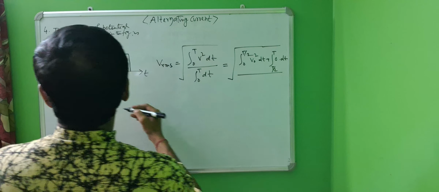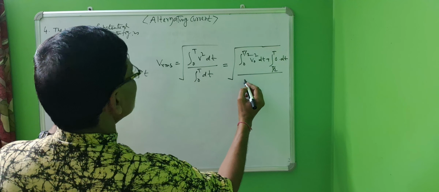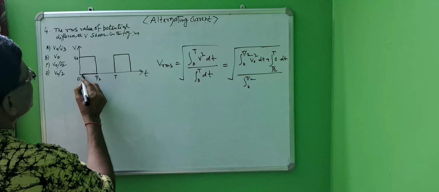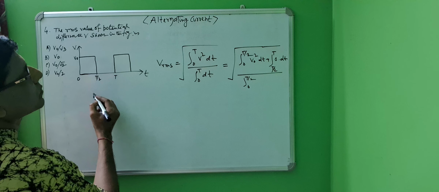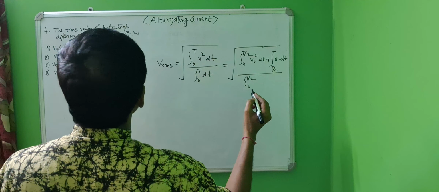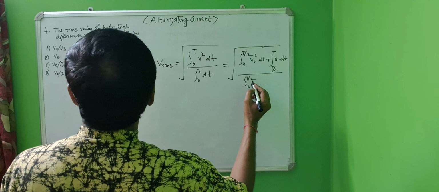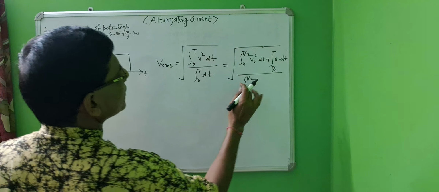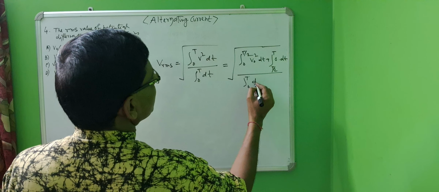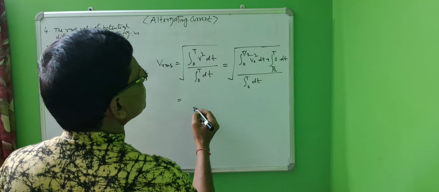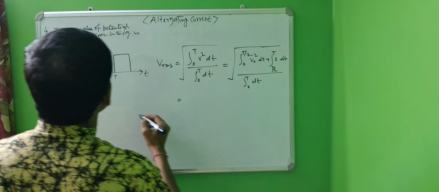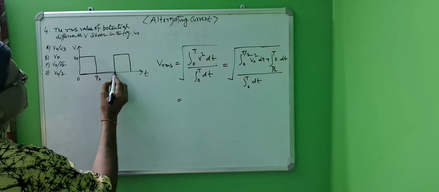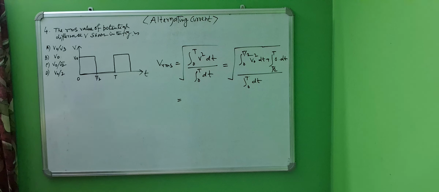This is divided by the integral from 0 to T by 2 of dt plus from T by 2 to T, which we can write as 0 to T of dt, since the total length is covered by time.